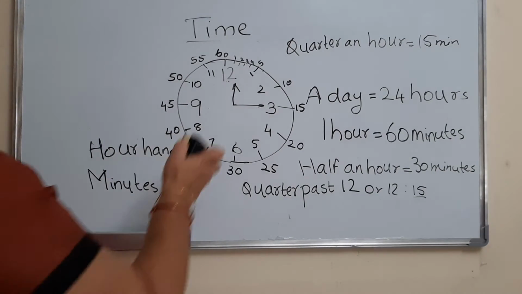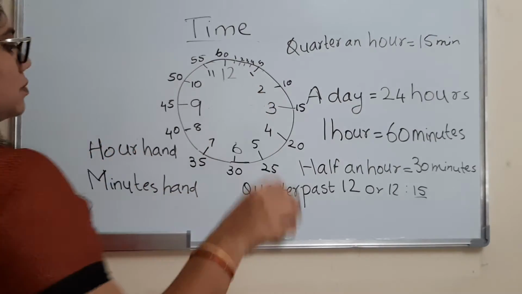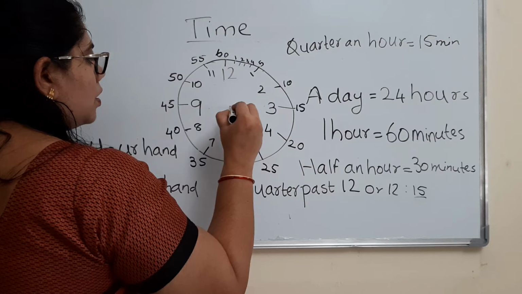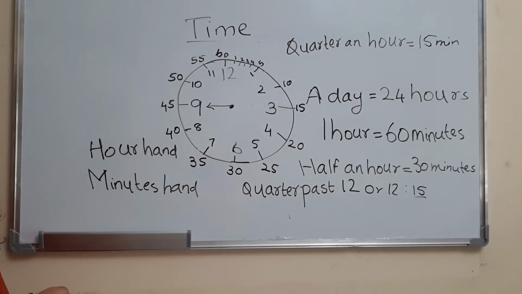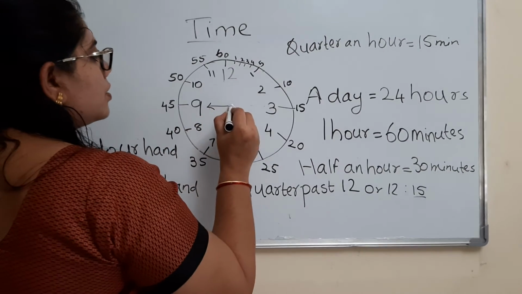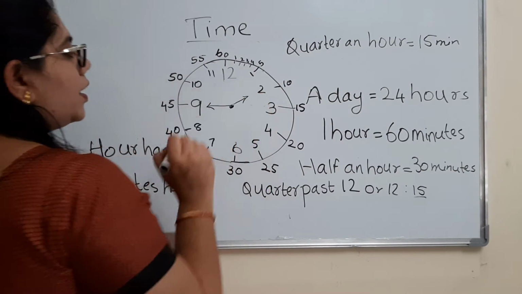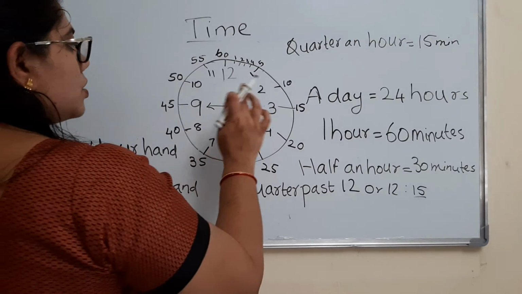Now, next. Here, the hour hand is showing 9. Okay. And the minute hand is pointing to 2.